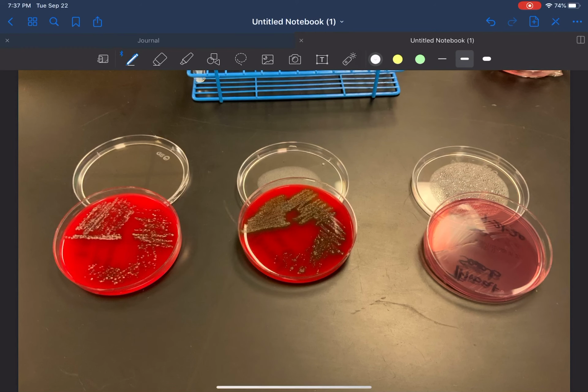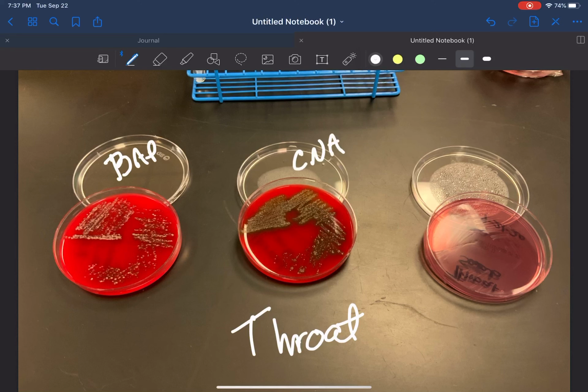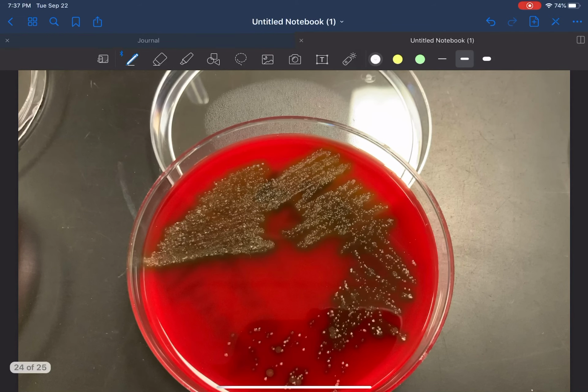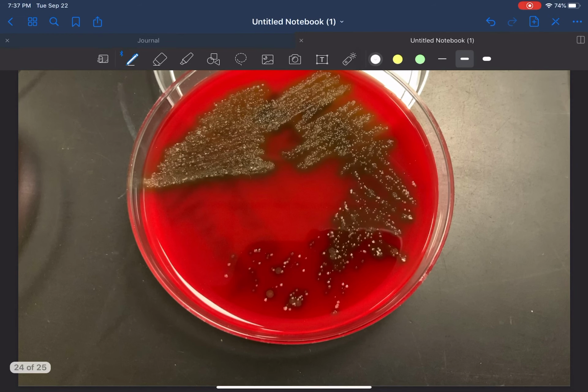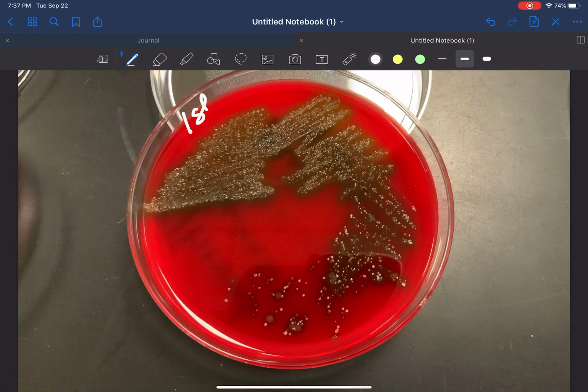All right, here, this was one of the better ones that we saw today. Again, this was the throat culture on blood agar, CNA, and MacConkey. So let's take a close-up look. This looks really nice. We can tell this is our first quadrant, second quadrant, third, fourth, and we have some isolated colonies.